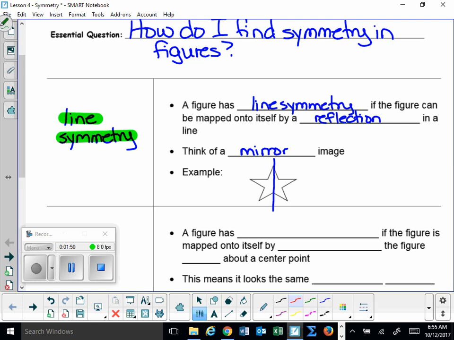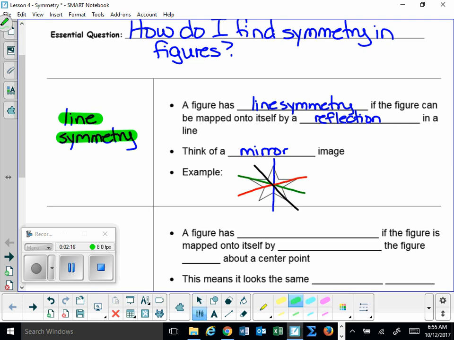I could draw another one here, and if I folded it in on the green line, the star would match up perfectly, both halves. How about here? Yep, that would also work. It would fold up perfectly. Ah, that one also works.